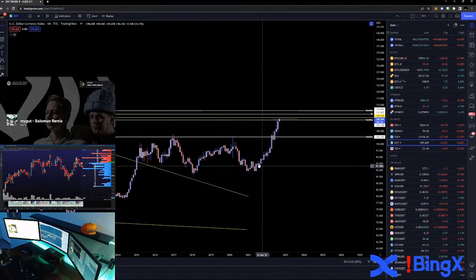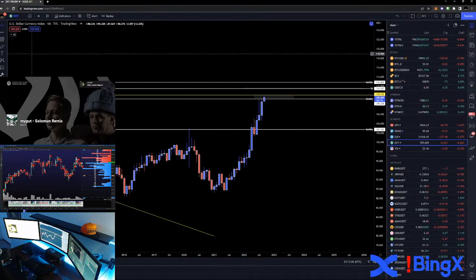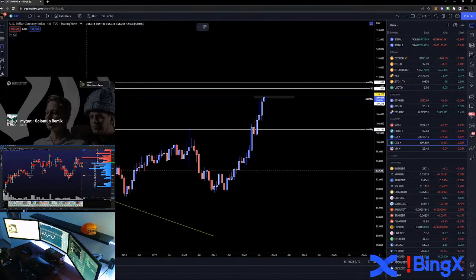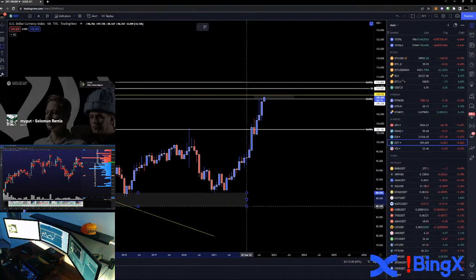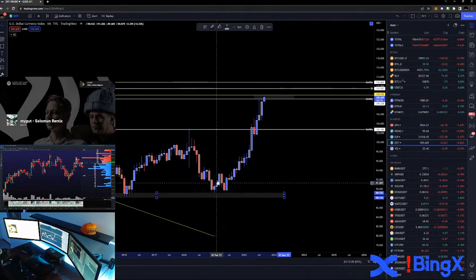Guess what happened right around here? Guess what happened at the low of the dollar? Guess what happened here? Break out of this giant falling wedge on the monthly. Guess what happened here? COVID. There it is right there for you.